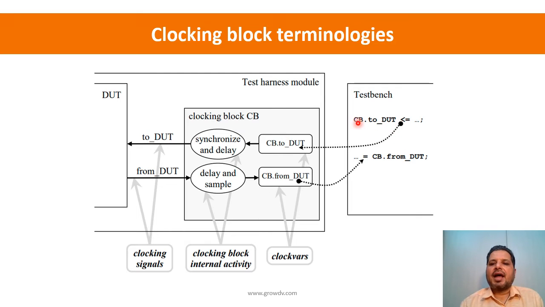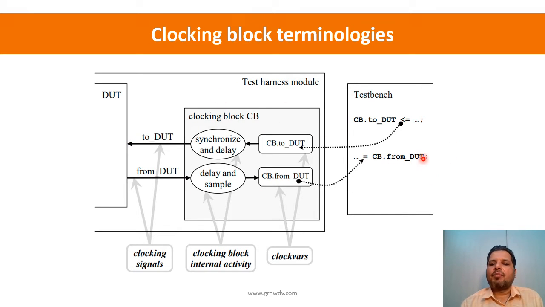So whenever we drive CB to DUT through any non-blocking assignments in the test bench, what will happen is it will get driven to this clocking variable, and that variable will be synchronized to the clocking edge, and it will be delayed by the TCO that we had specified, and then it will be driven out to the DUT. And this is all the job that is done by the clocking block.